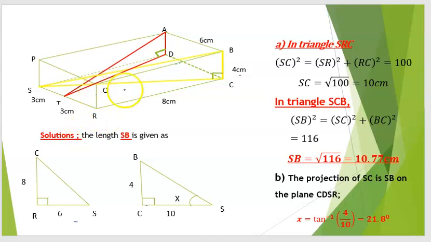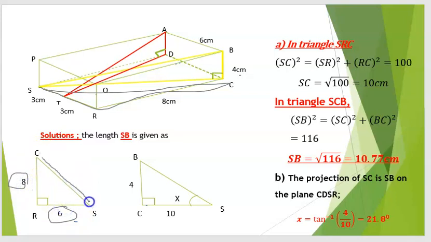The first question is asking us to find the length SB. To get SB, first of all, we need to get the length SC. I'm extracting that triangle SRC, where this is 8 and this is 6, and I want to get the hypotenuse, which is SC.